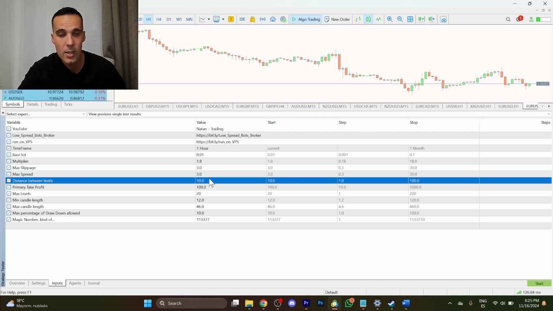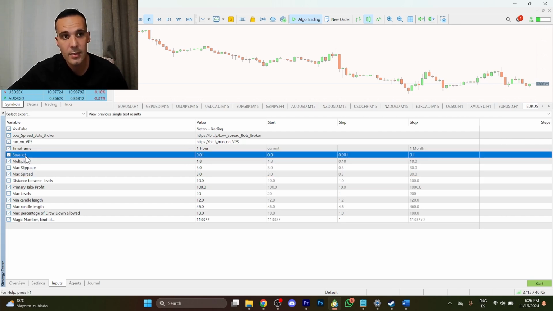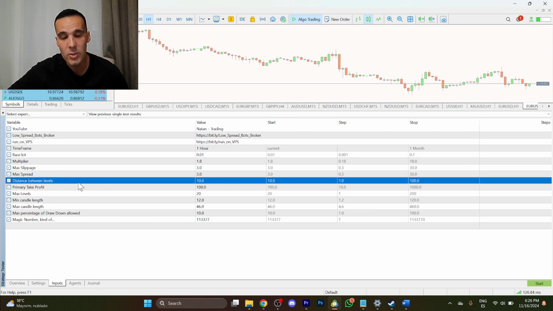As I said, once the market goes against us, it's going to start taking new trades, and also it's going to increase the lot, as I said, based on the multiplier and the base lot. So the distance between levels is how many pips are needed for the bot to enter into a new trade.